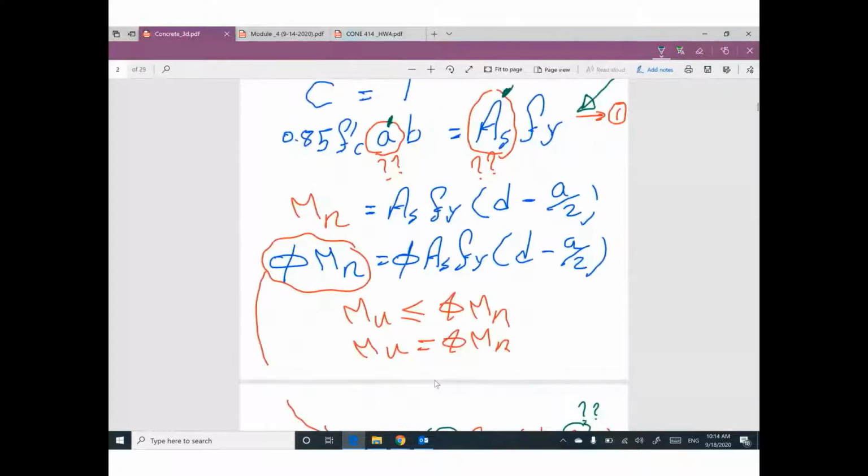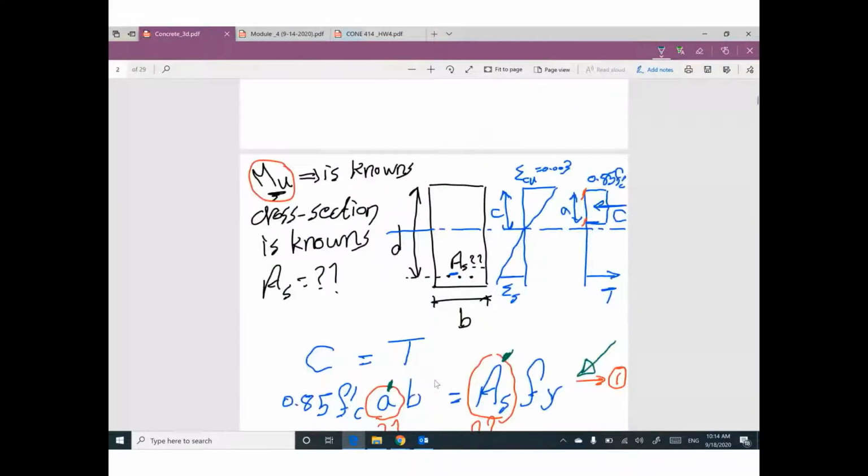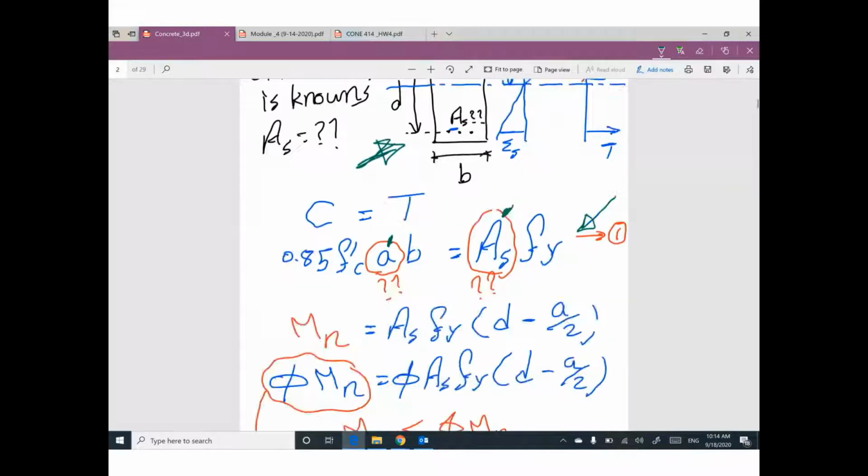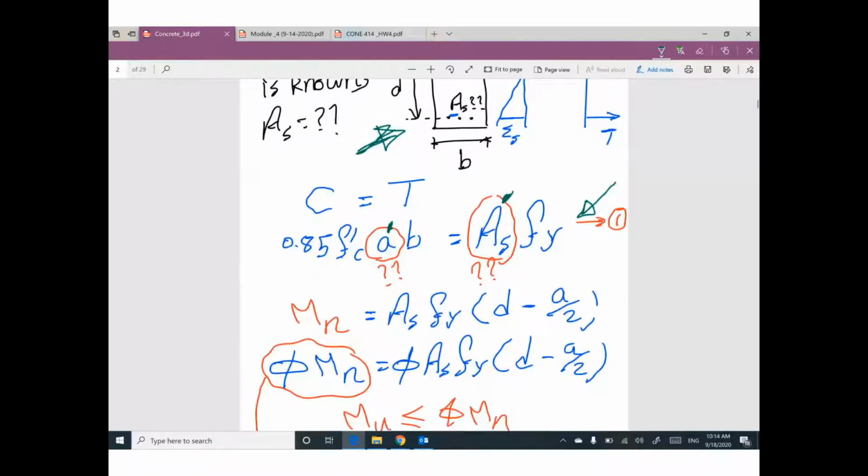Do you remember I told you this layout is very important. From this layout, we can design, we can do anything in this course. Basics. And this one, capital C and capital T, basics.